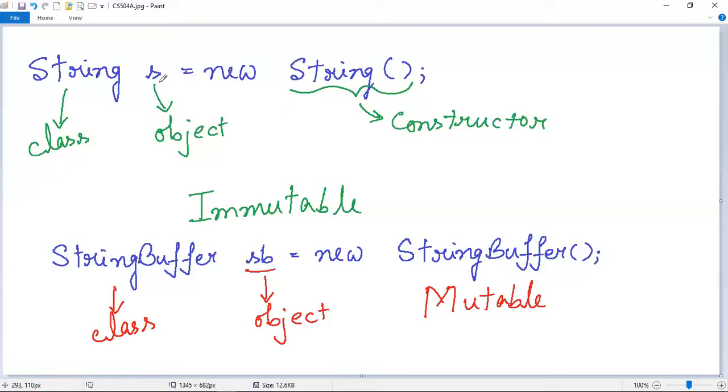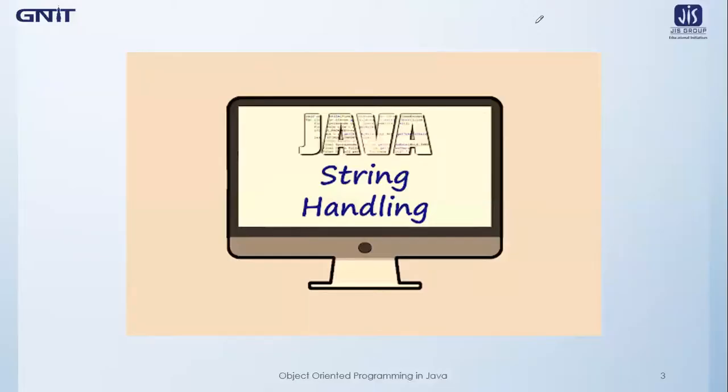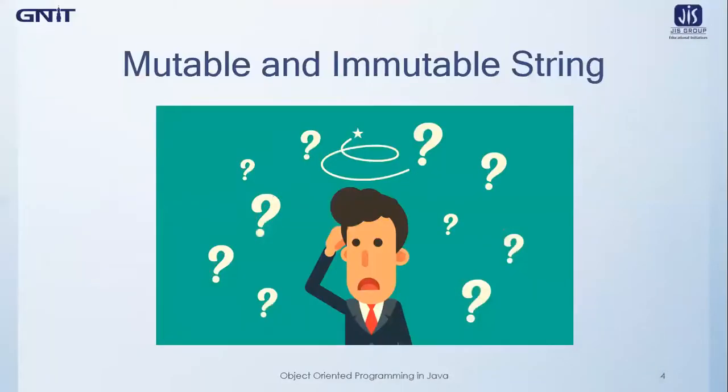I'll show you all the objects, whether mutable or immutable, in my lectures, and I'll show you all the methods of the string class and of the string buffer class that can be applied on the string class objects and on the string buffer class objects. So we have learned two very important concepts, which are mutable and immutable strings.